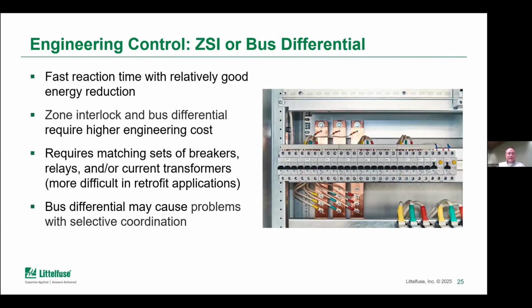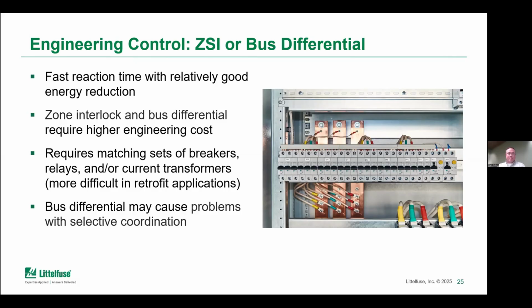Another item here is an engineering control when we look at zone selective interlocking or bus differential protection. So these are protection relaying schemes or breaker schemes that you can have logic connections between them that can have some very fast acting protection.